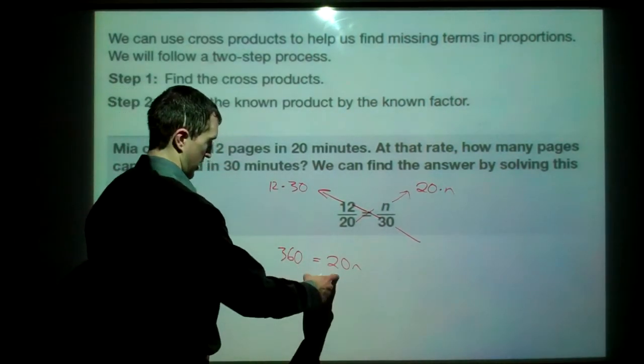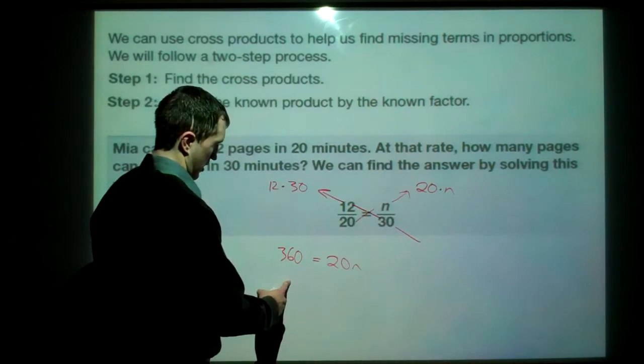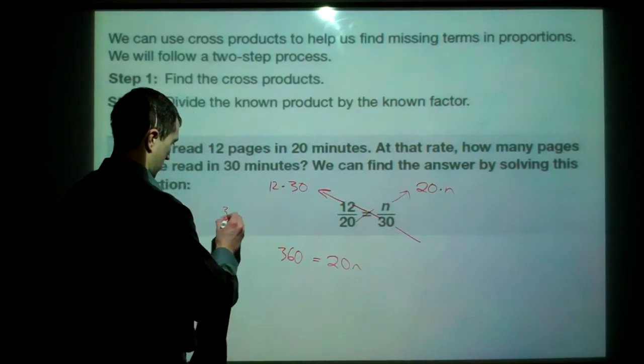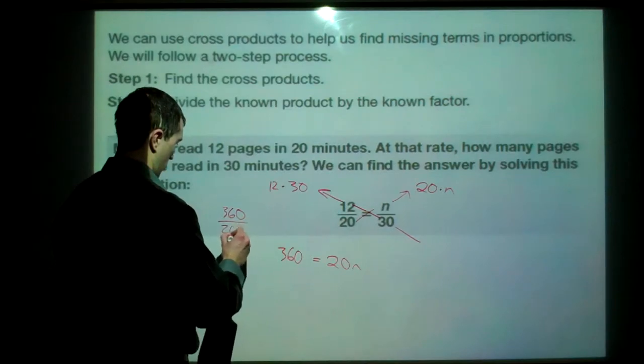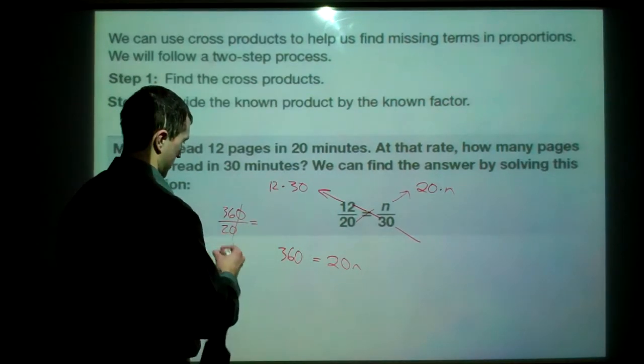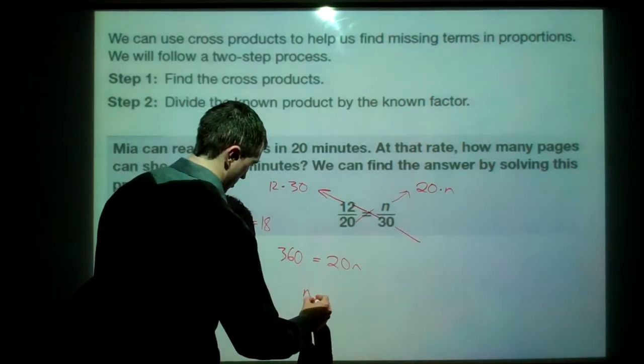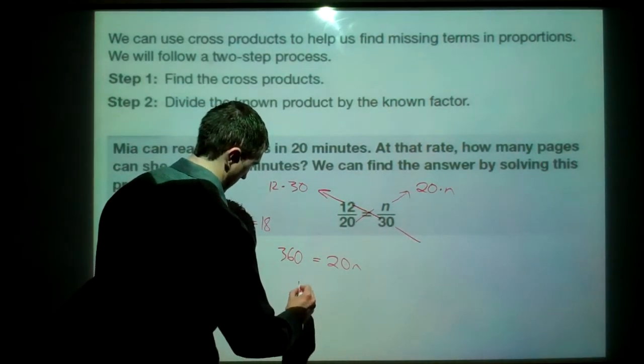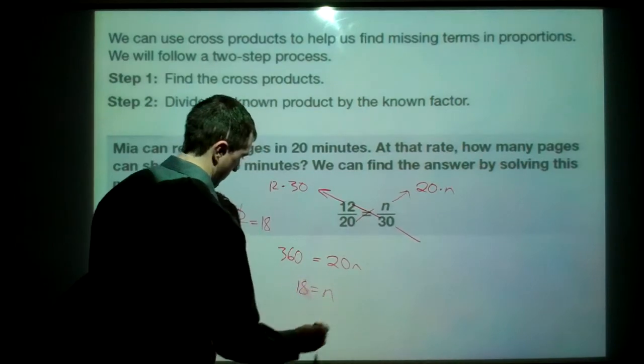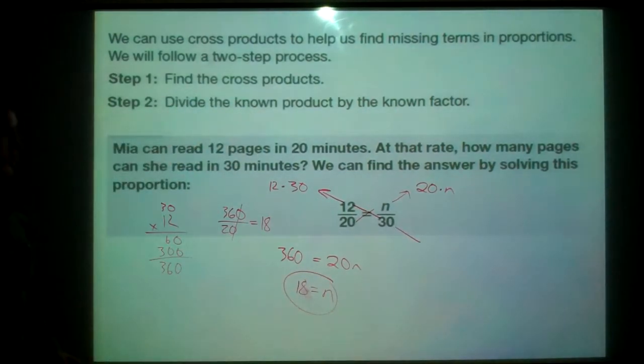So 360 divided by 20, we should get, let's see, 360 all over 20. 36 divided by 2 is 18. So, n, we go 18 should equal n. Alright, so she can read 18 pages in 30 minutes, is what we would say there.